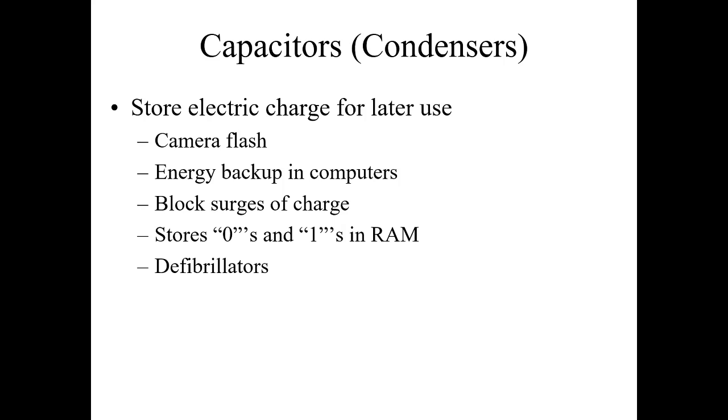But they are different, because what a capacitor does is it stores the energy and you can use it very, very quickly, unlike a battery, which tends to discharge slowly. You want a battery to last a while. But a capacitor you often use for things you want to use quickly, like a camera flash.